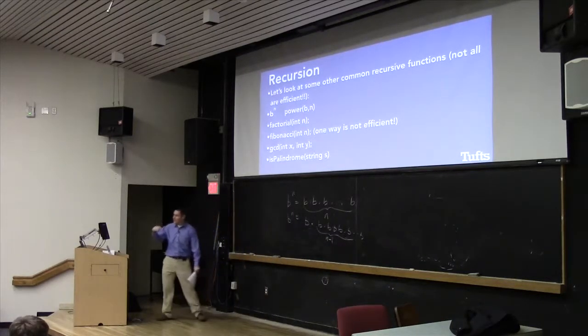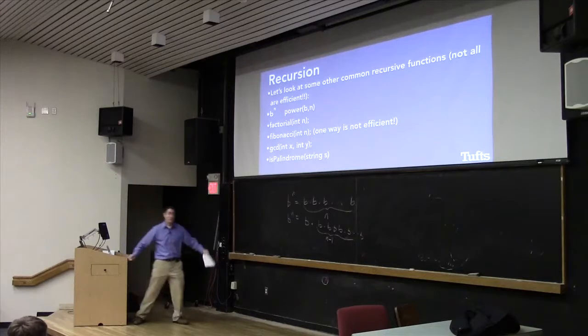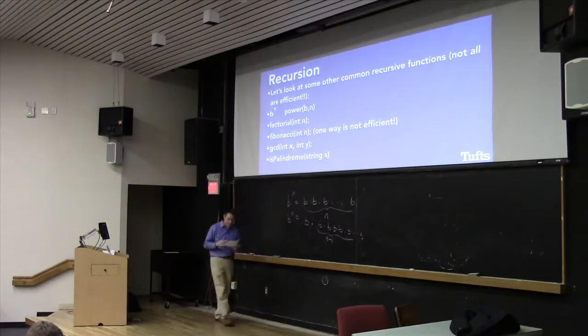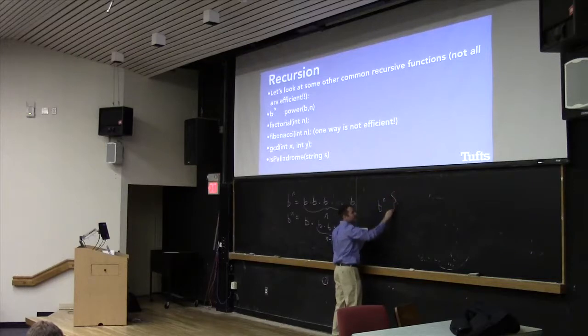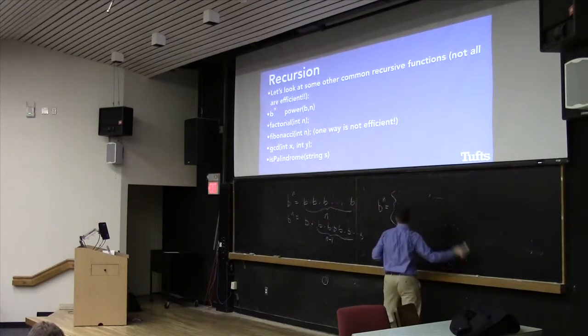See how we've kind of broken it down into a slightly simpler problem, just like we did before? Okay? b times the power of b to the n minus 1. Okay? What does that actually mean? How can we write this in a little more mathy terms? b to the n, okay, equals, that was a terrible curly bracket.